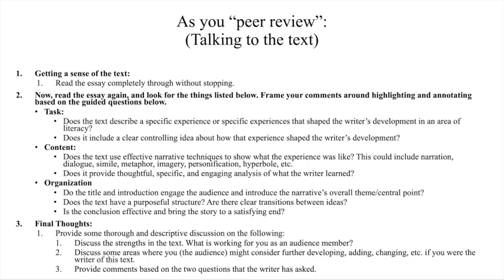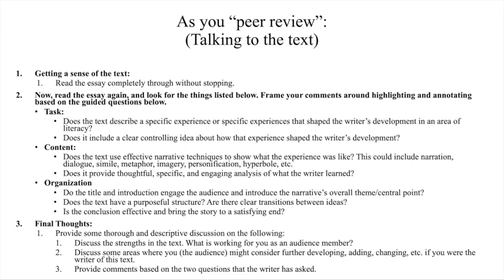The final part of your peer review will be in a section called Final Thoughts. Now you can add this to the bottom of the text, you can add it to the comment section of the assignment, anywhere where you think it fits. And I want you to do three things. I want you to discuss the strengths in the text. In other words, what is working for you as an audience member in their text.